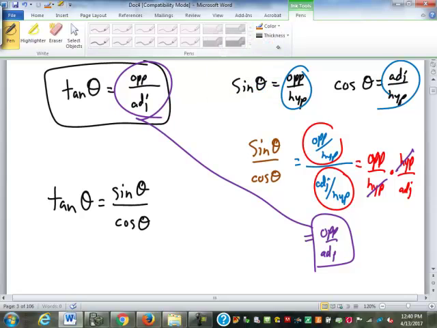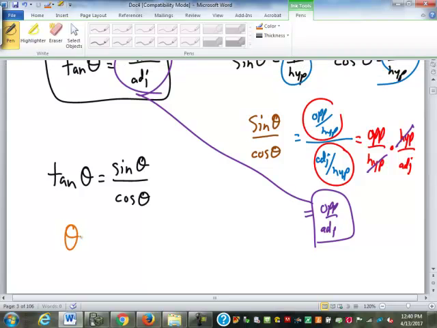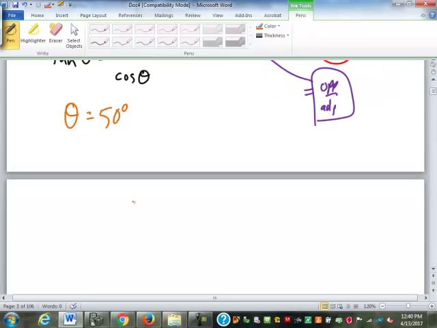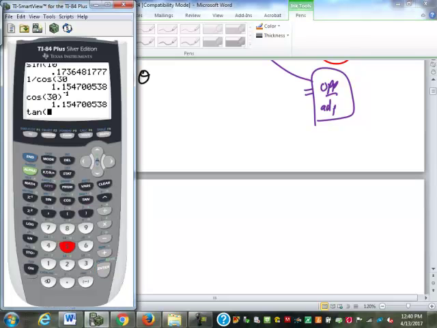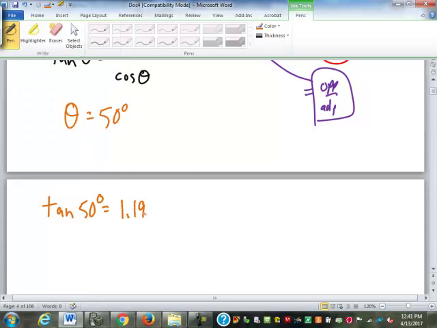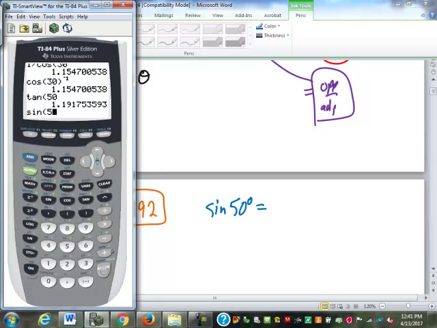Somebody pick a number between 1 and 89. 50. So let's let our angle equal 50. First, let's find the tangent of 50 degrees. 1.192. Let's find the sine of 50 degrees. 0.766.